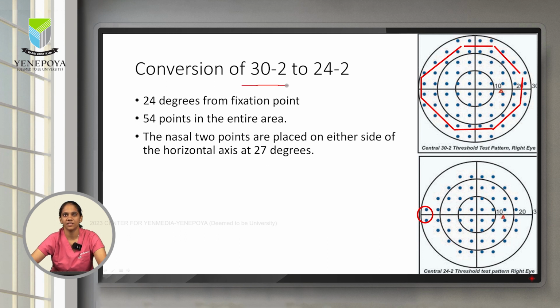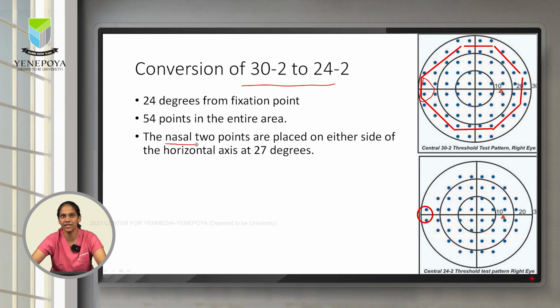Now, how do we convert a 30-2 to 24-2? It's actually not that different. Okay, so the central 24 degrees of the retina are taken in 24-2. That is, the edge points in the 30-2 are eliminated except for these two. Okay, these two lie at 27 degrees. So technically you should call this a 27-2, but since all the other points are within 24 degrees, you call it a 24-2.